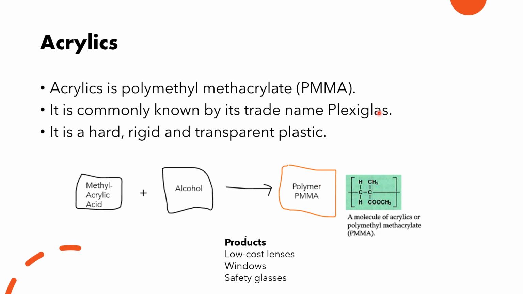And plexiglass is hard. Acrylics are hard, rigid, and very much transparent. That's why we use it as a divider between the police and the criminals in the back of the police car. That's not glass. That's just plexiglass, right?